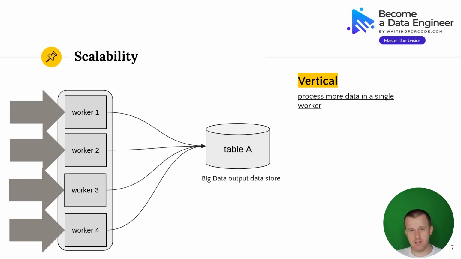So for example, you increase the number of processors, you increase the memory, or maybe you plug in a better network card to optimize the throughput. And all this can contribute to processing the increased amount of data much more efficiently.